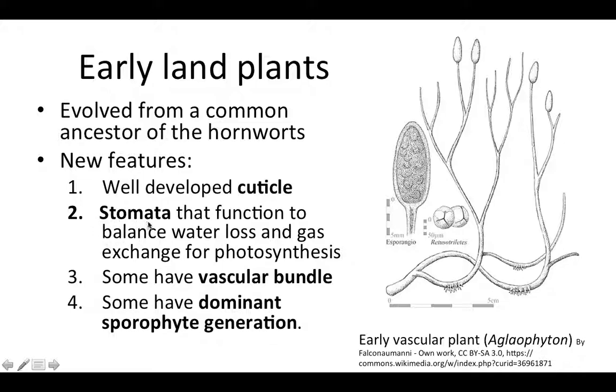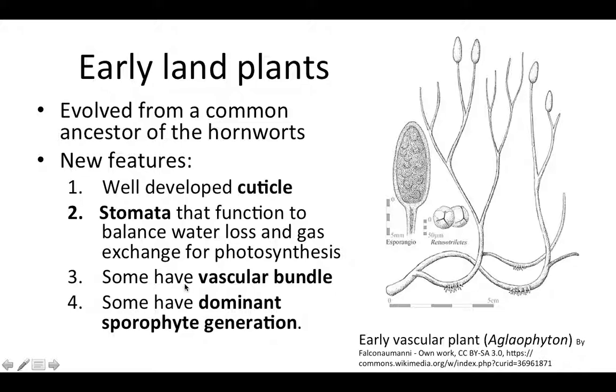So these are the first groups where the stomata are both present and functioning in this manner. There were some openings that are like stomata on some of the bryophytes, but they were not effective in doing this on the photosynthetic parts of the plant.